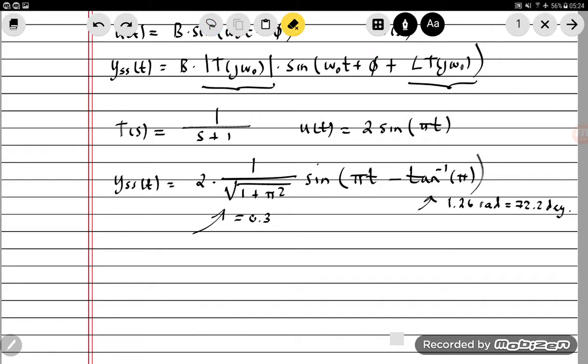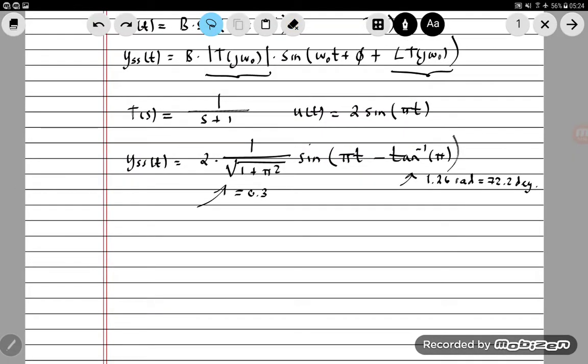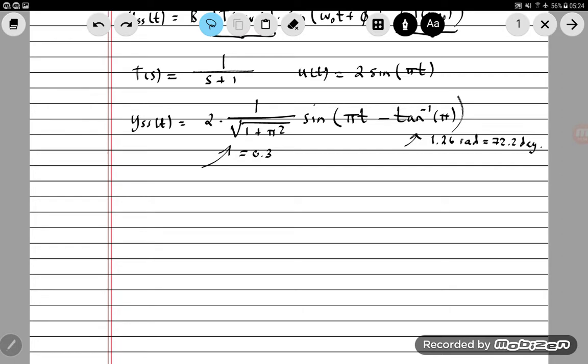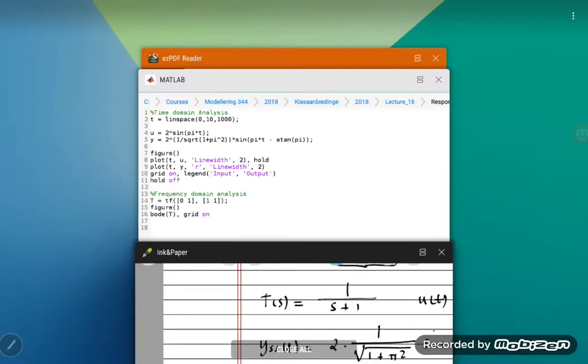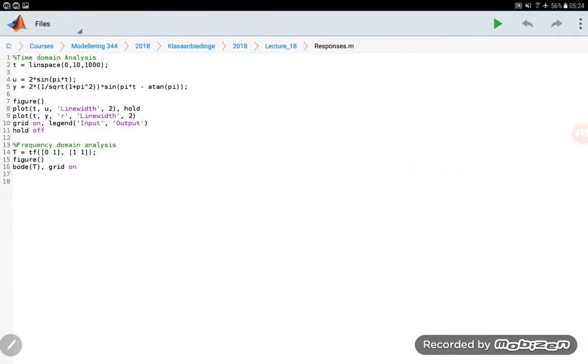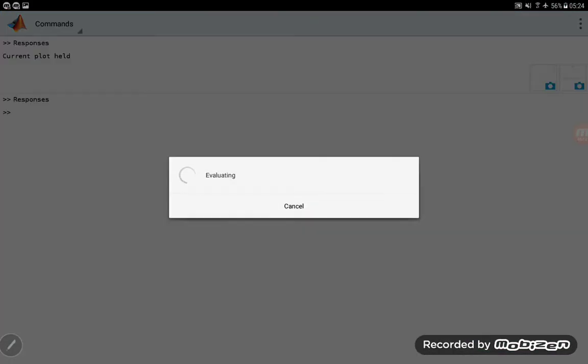Okay. We can confirm this if we do the time domain plots of the input and output on the same axis, or same plot, and I've done that. We can go to MATLAB and we can do those plots.